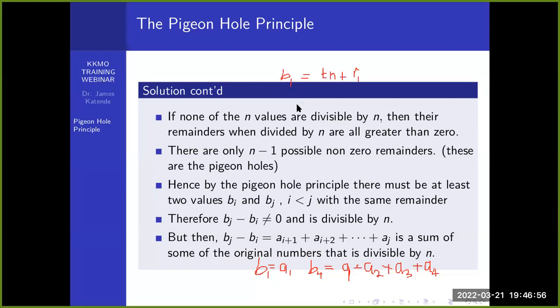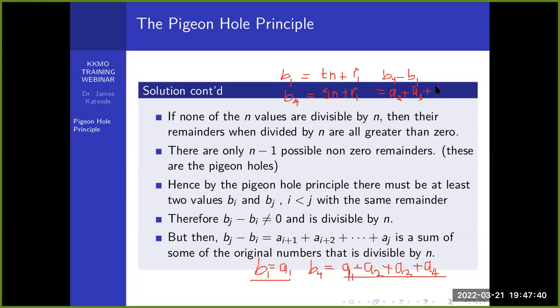Now we have established that, without loss of generality, let's assume B1 and B4 are the ones with the same remainder. Then the difference, B4 minus B1: B4 is the sum A1 all the way up to A4, and B1 is just A1. So B4 minus B1 gives me A2 plus A3 plus A4.